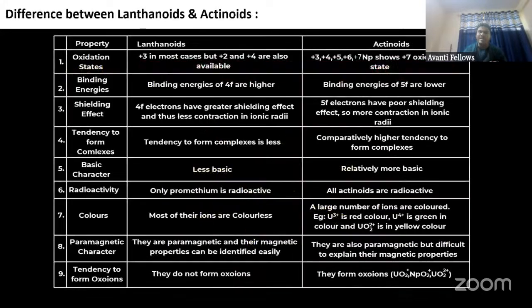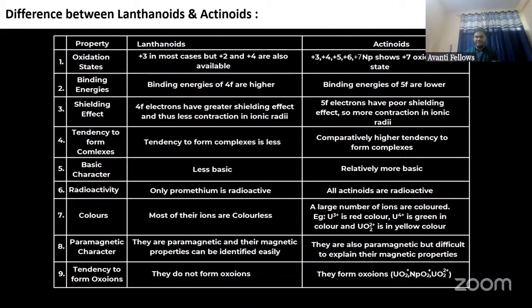So let's see the main differences between lanthanoids and actinoids. You can refer to this table. If we talk about the oxidation state, lanthanoids show +3 in most cases, with +2 and +4 also available. Actinoids show a wide range of oxidation states like 3, 4, 5, 6, 7.